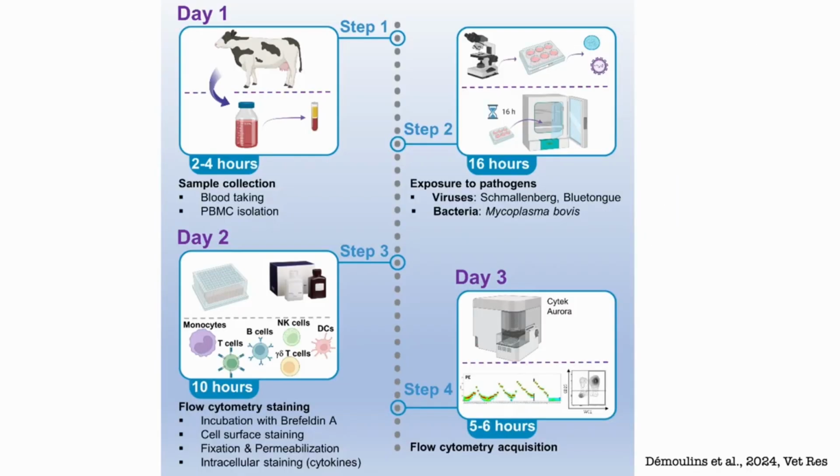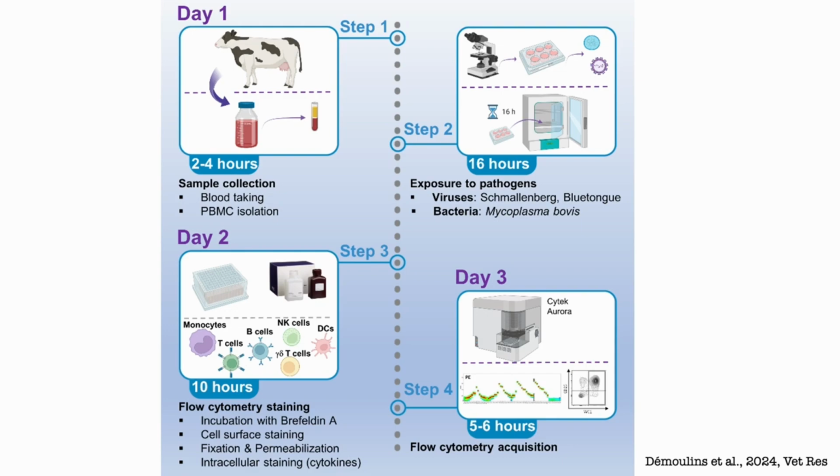So now it gets a bit technical. On the first day, we collect venous blood from several healthy outbred cattle to be used for the analysis. It is of utmost importance that the animals are healthy and represent outbred animals to avoid any bias of the data to be generated. The blood needs to be transported as fast as possible to the laboratory, and peripheral blood mononuclear cells, abbreviated PBMCs, have to be isolated.